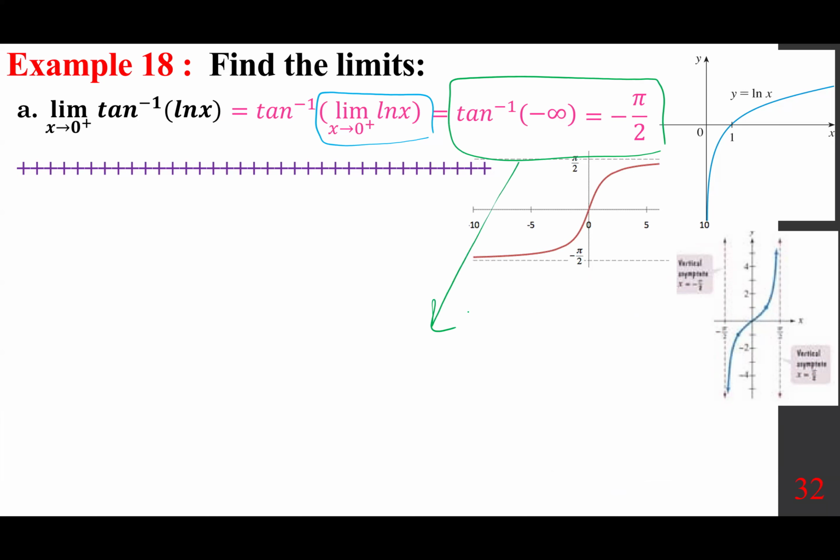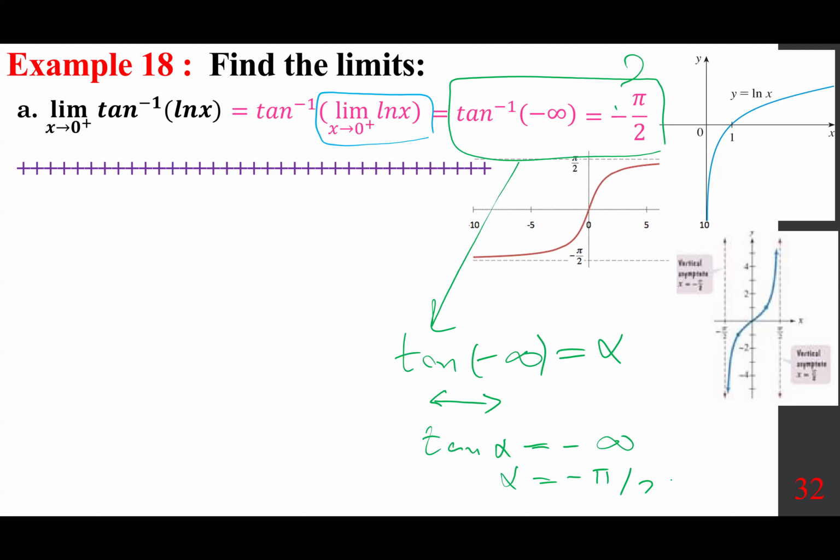So what is tan inverse of minus infinity? Let's call it alpha. By definition of an inverse function, tan of alpha must be negative infinity. And therefore, alpha, you should know it's one of the common arcs, is negative pi over 2. Okay, everybody, you can go that route as well using inverse trigonometric functions.